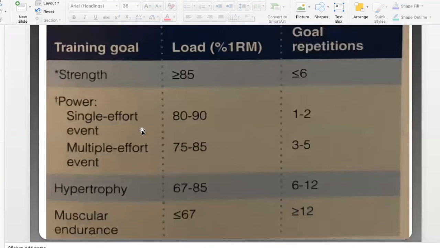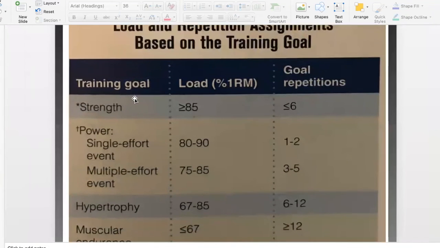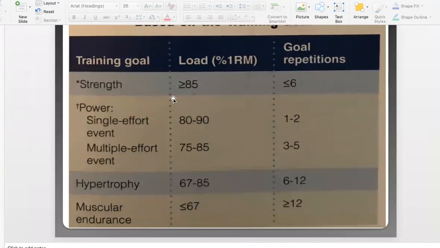So the next graph shows that if your training goal is strength, what you should be doing is working greater than 85% of your calculated or estimated 1 rep max for that particular exercise. But that means that you need to know what your 1 rep max is for squats, bench press, floor press, all of it. For me, I just need to know what these repetition goals are. The goals to get strength are less than 6 reps.